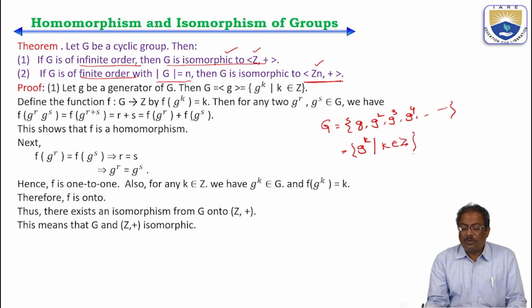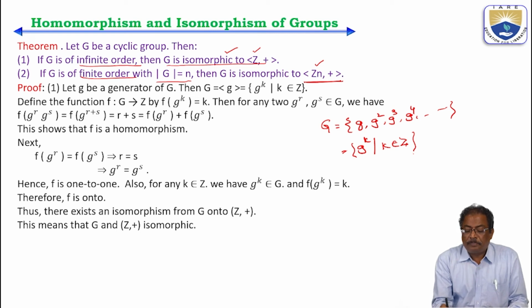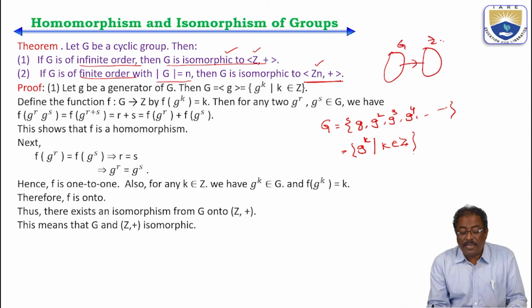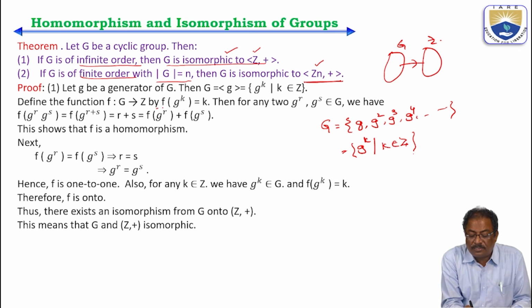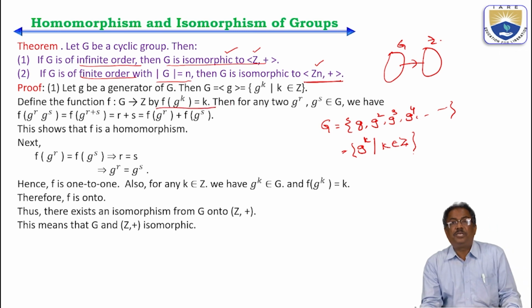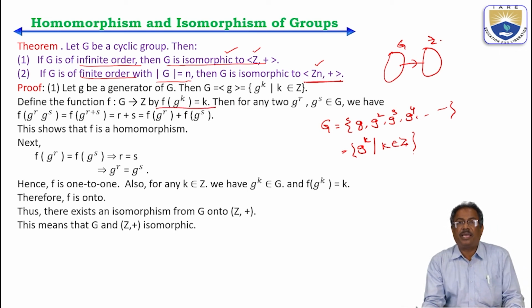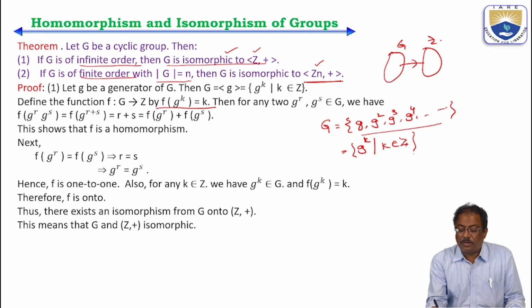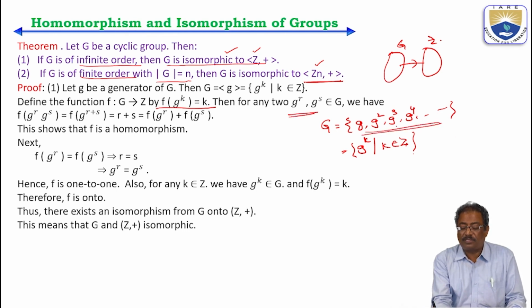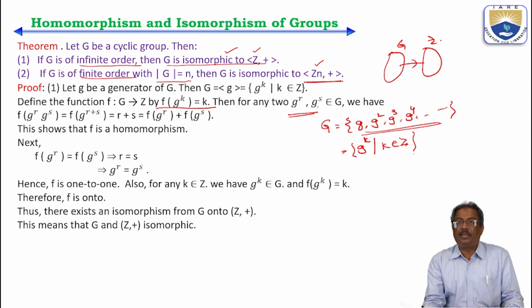Now we are going to define a function from G to Z by F of G power K is equal to K. Then we have to consider any two elements of this form.